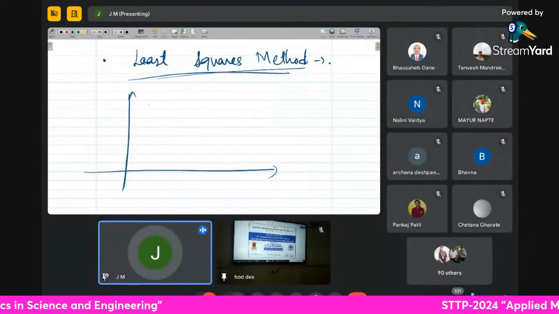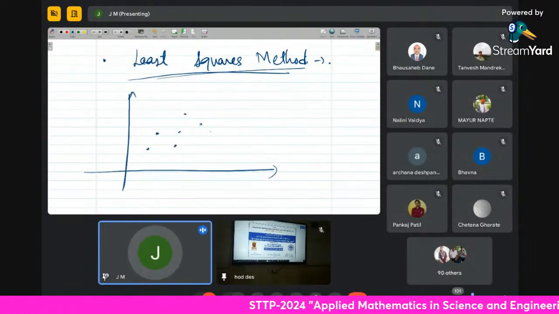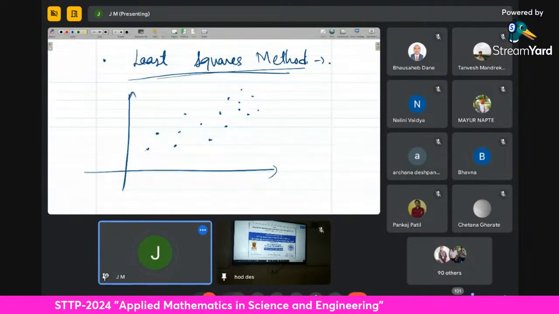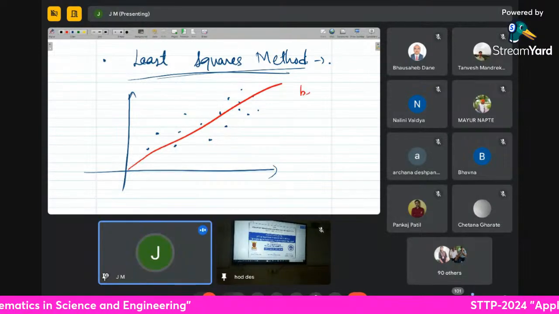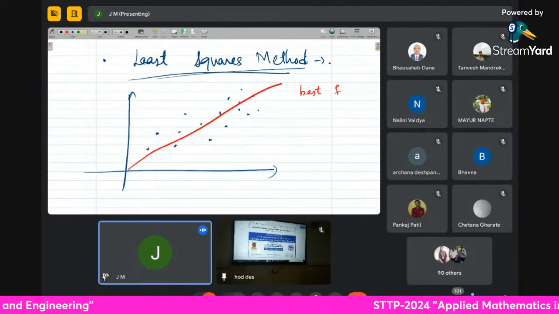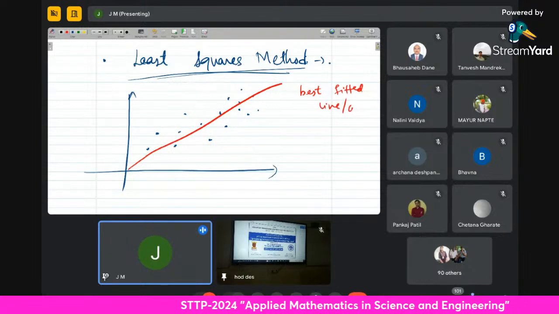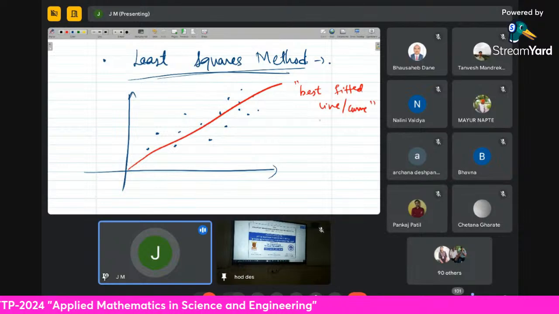If you have some data points over here, everyone knows the idea about regression. Your job is to find the best fitted line, or the best fit curve.